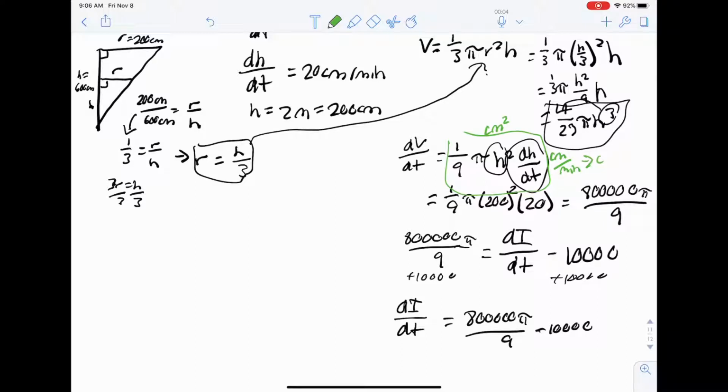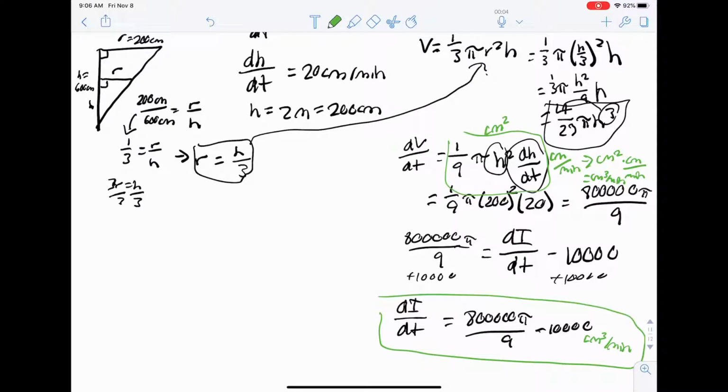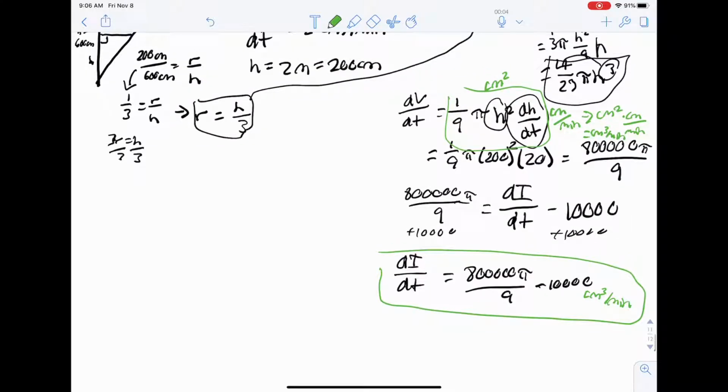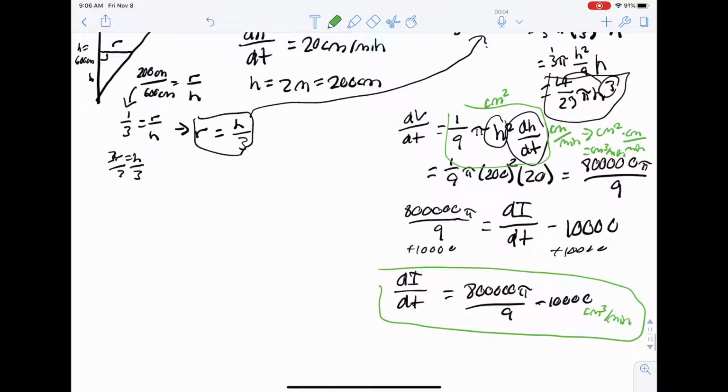So that's going to look like centimeters squared times centimeters per minute, which multiplies to centimeters cubed per minute. So that's going to be our unit. So that leaves you with the rate at which water is being pumped into the tank is 800,000 pi over 9 minus 10,000 centimeters cubed per minute.